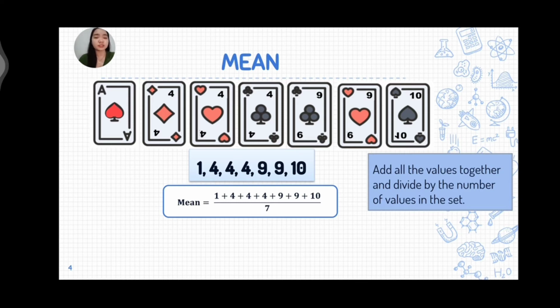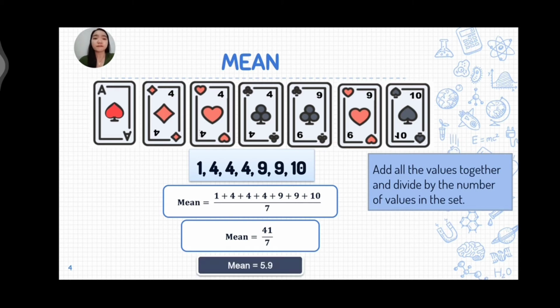How many values are in the data set? 1, 2, 3, 4, 5, 6, 7. So our denominator would be 7. Mean equals 41 over 7, or 41 divided by 7 using your calculator or mental math. The answer would be 5 and 9/10. When we get the mean, you just add all the values together and divide by the number of values in a data set.